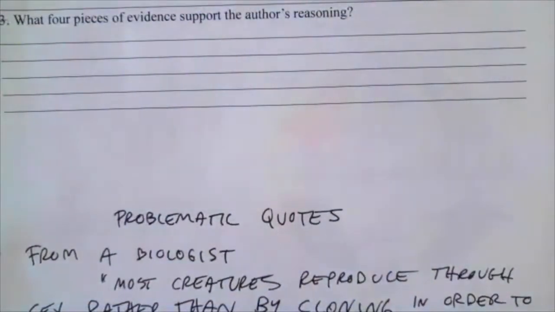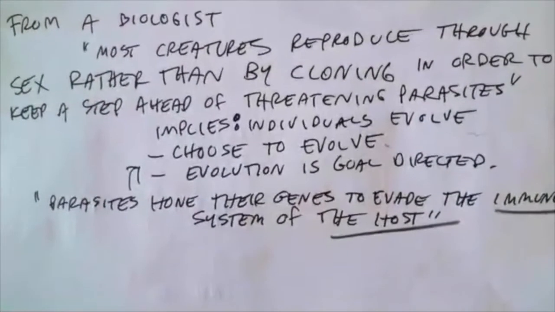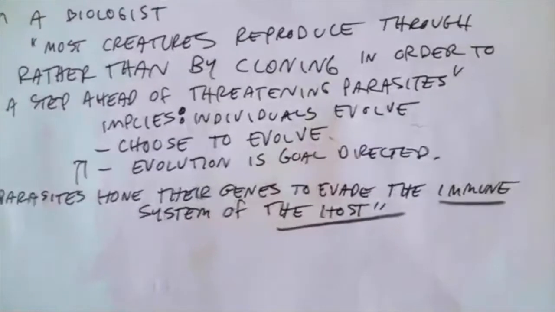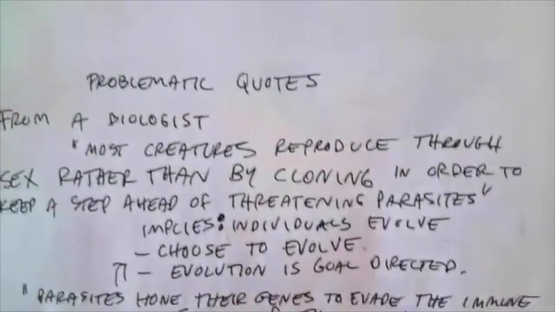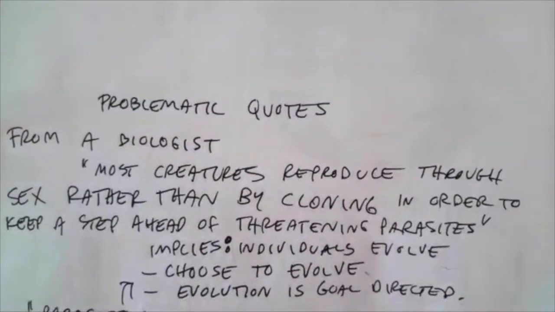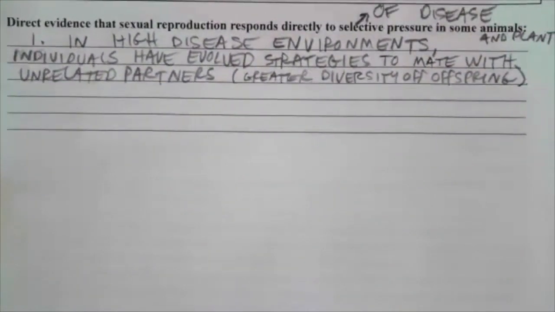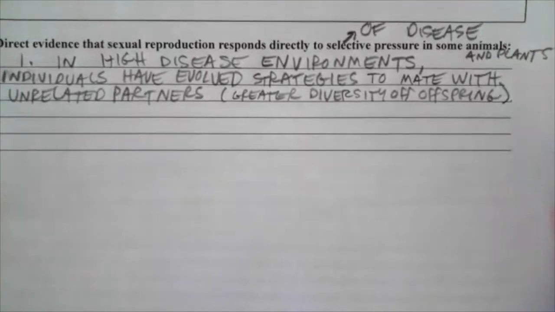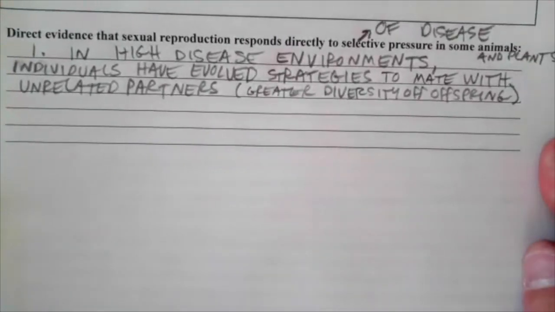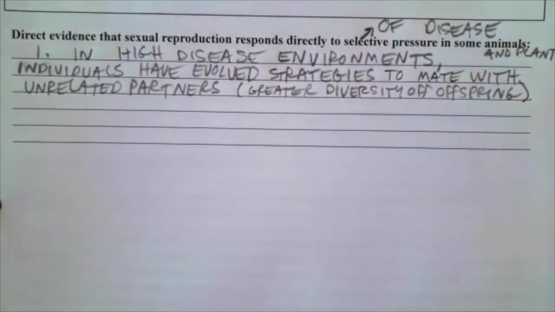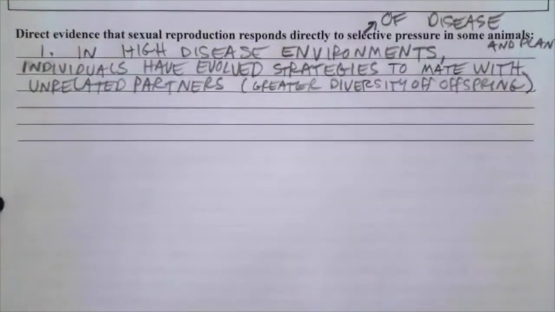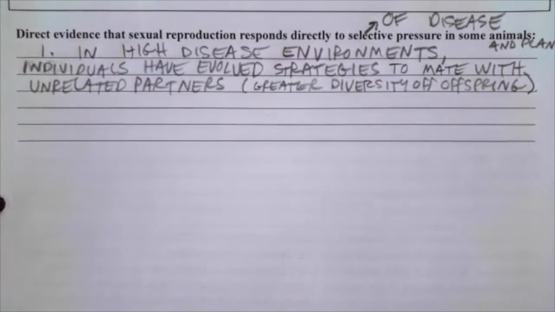Yeah, that's why I said this, parasites hone their genes to evade the immune system of the host, that was problematic. Right? It's that the immune system of the host acts as a selective force where only the parasites that have genes that can defeat the immune system survive to reproduce offspring. And then the population changes over time into a population of parasites or bacteria that have the genes that can defeat the immune system of the host. Yes, that was very problematic.